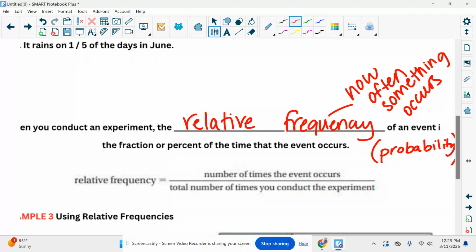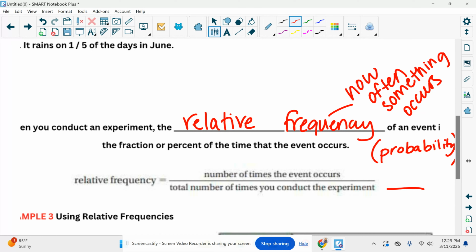Maybe. Thank you. Okay. So we can set up relative frequency as a fraction or a percent, because we know we can convert a fraction to a percent. In the world of fractions, we have our numerator on top and our denominator on the bottom.